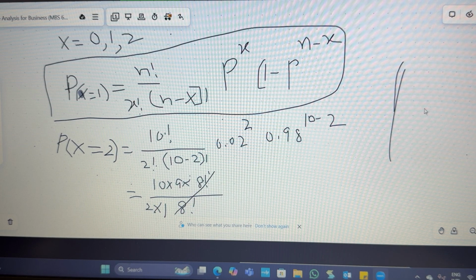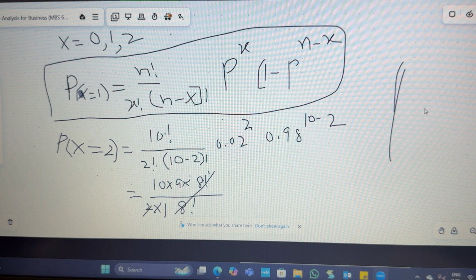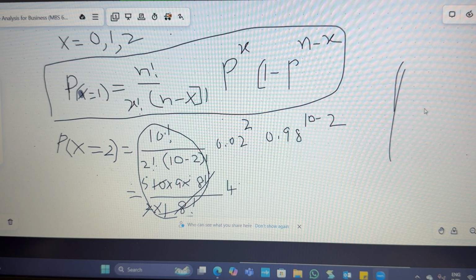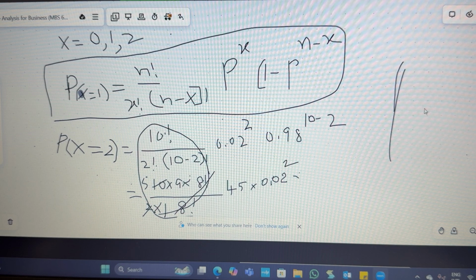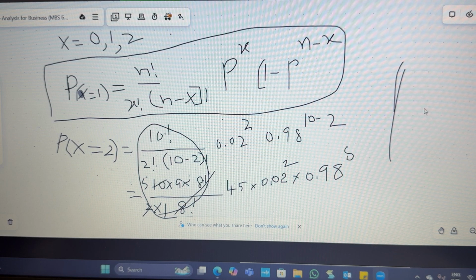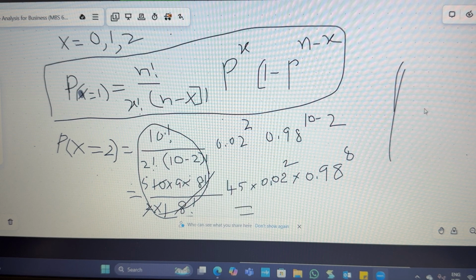So this we can delete, and your answer would be 45. Then into 0.02 to the power 2, then into 0.98 to the power 8. Then you will get the answer.